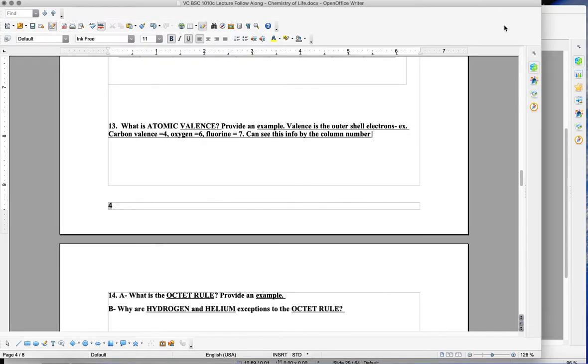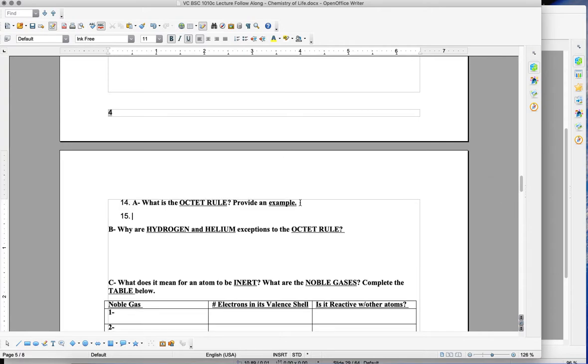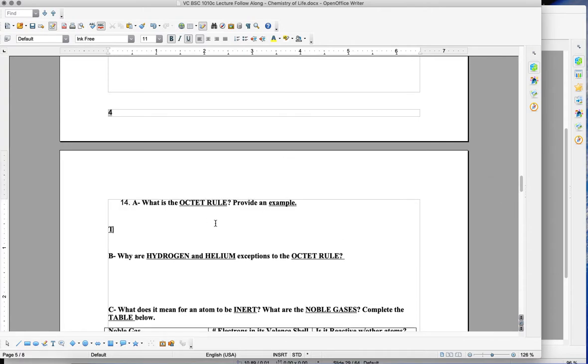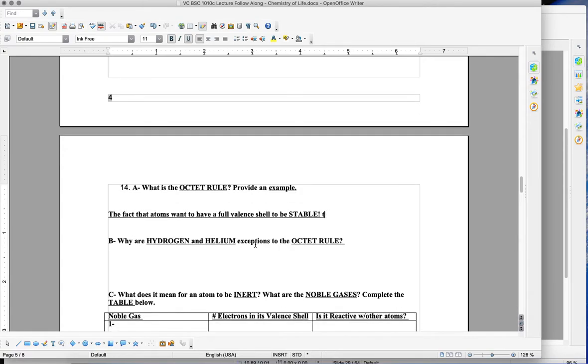So the octet rule is the fact that atoms want to have a full valence shell to be stable. Okay, and this is 8 electrons for most atoms.